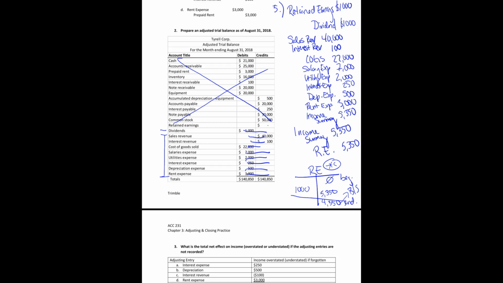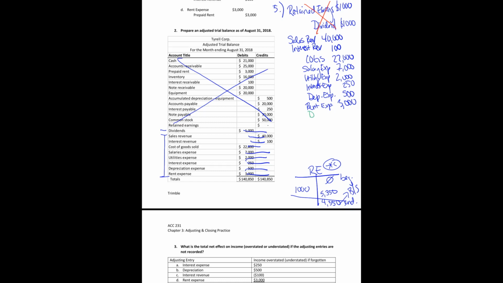You could simplify this. One way would be you could not use income summary, although your book does ask you to use it for your homework, and instead just put that $5,350 amount that we need to balance directly into retained earnings. You would ultimately get the same thing. In fact, you could simplify this further if you wanted and not do the dividend account separately.